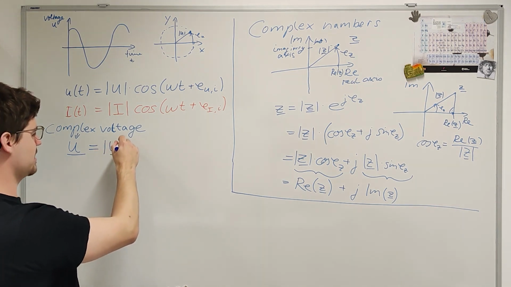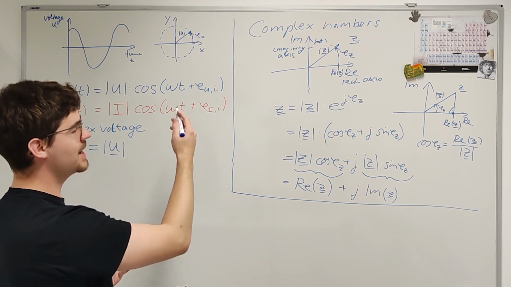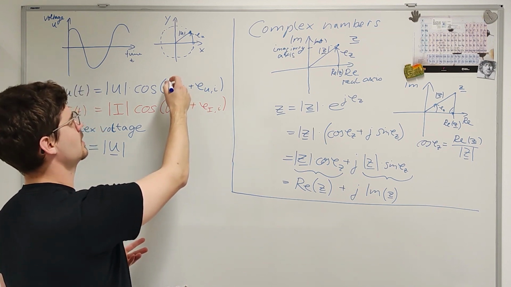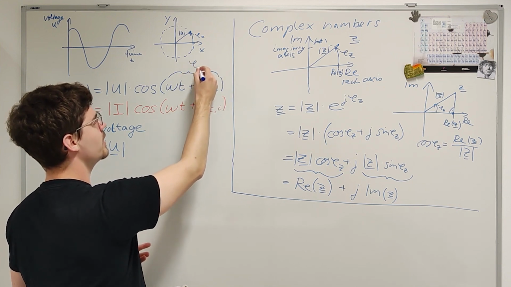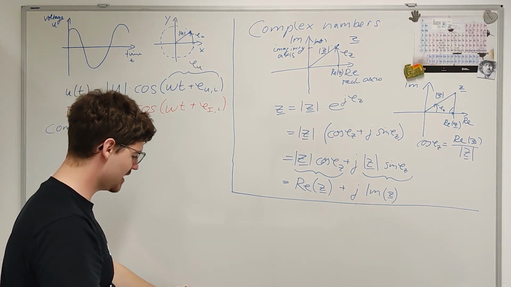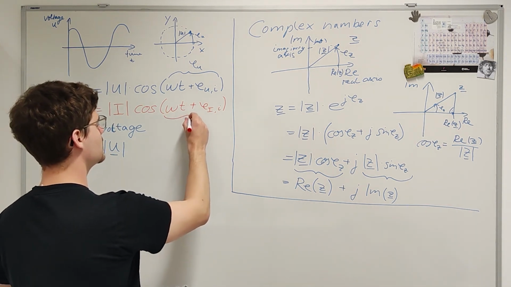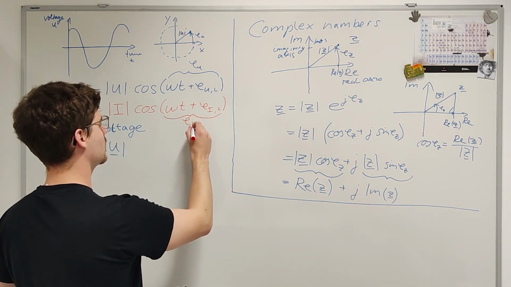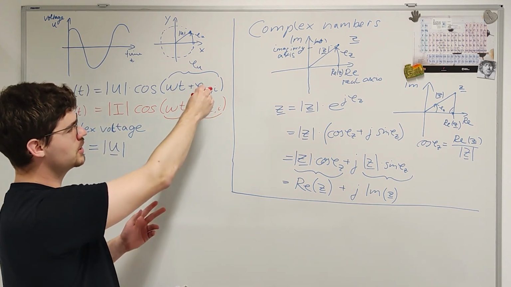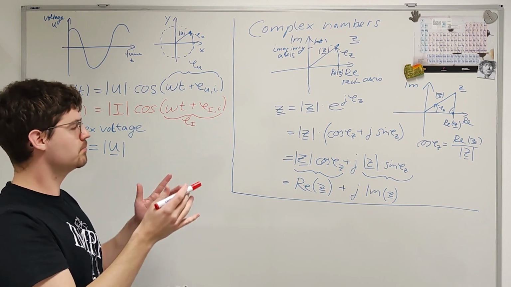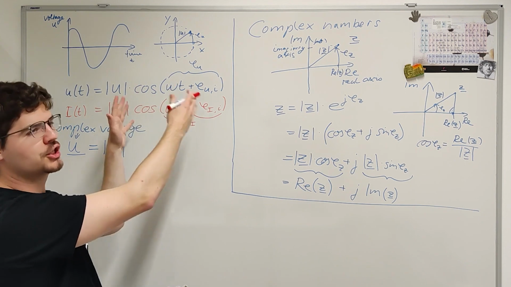except this time we name it as the magnitude of the complex number. And we also know what the phase angle is, because the phase angle is the argument of the cosine. And the argument of the cosine here is known, it's phi u. Similarly, the argument of the current function is known, this is phi i. Note the difference: phi i initial and phi u initial are the initial offsets, and phi i and phi u, the larger terms, are time dependent.